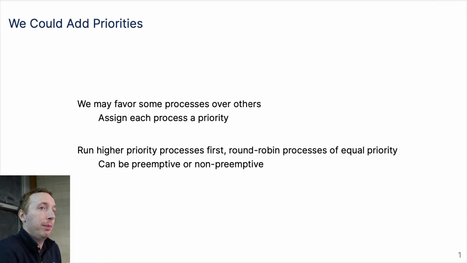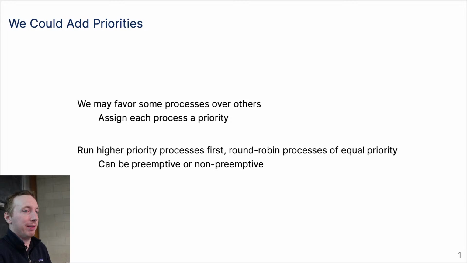So we'll be talking about more scheduling and what actually happens. One of the things a student mentioned last time is, well, if we have scheduling and a bunch of processes, we might want to add priorities. Some processes may be more important than other ones. So you could assign each process a priority, which is just a number which says how important they are.